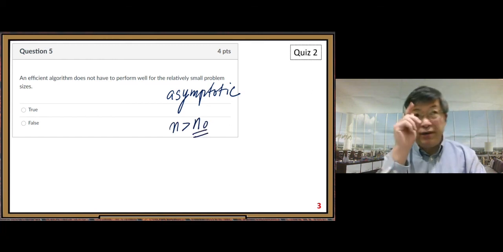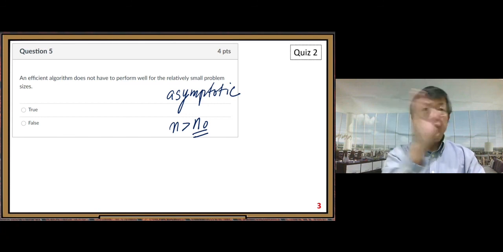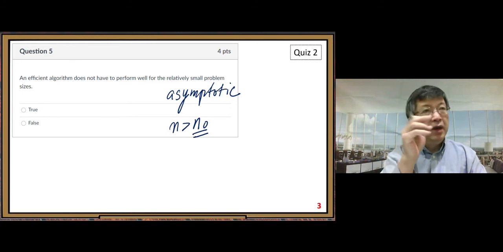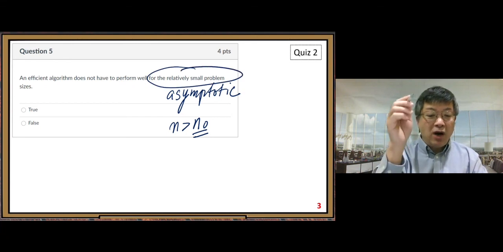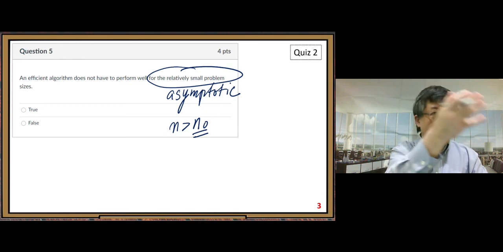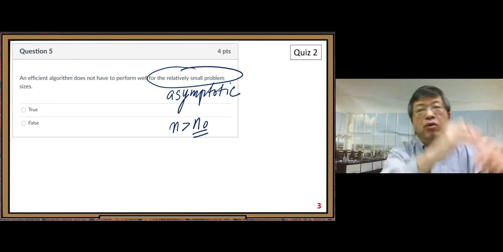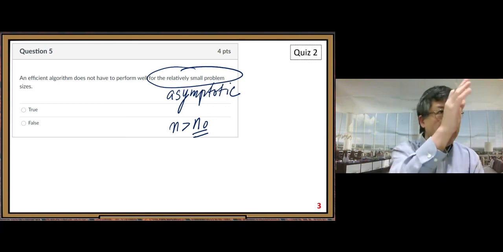There is an n0 that we can choose. We have freedom to choose where to start counting. So for relatively small size problems, the efficiency of the algorithms being compared is not important. Another reason, overhead, right?